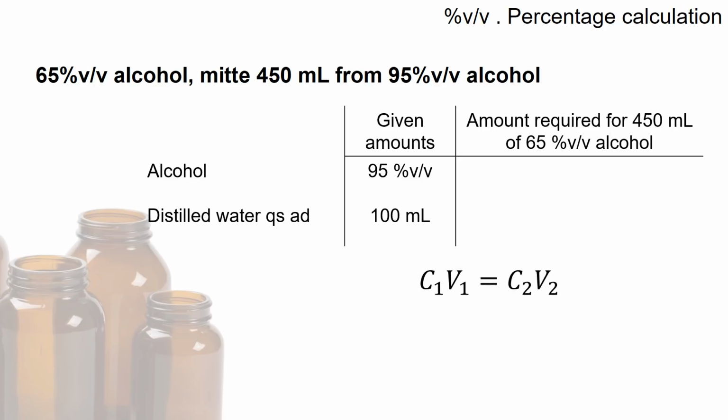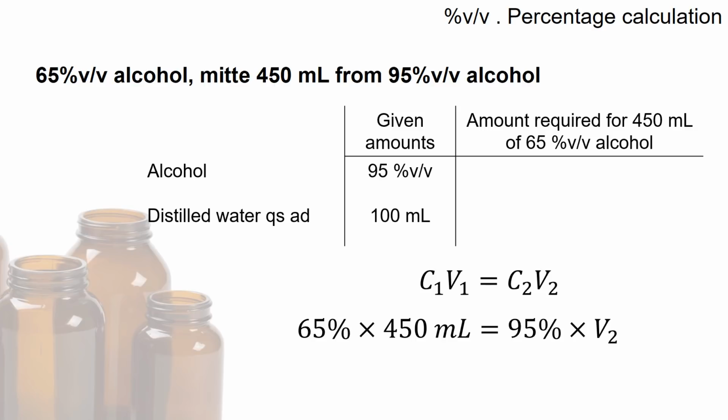We can now apply this formula, C1V1 equals C2V2, where C refers to the concentration and V refers to the volume. So simply substitute the equation with the numbers given here. Let's take the first solution as the final solution.